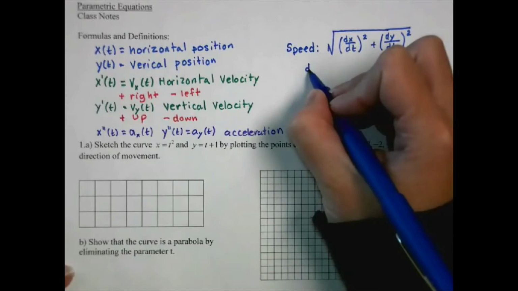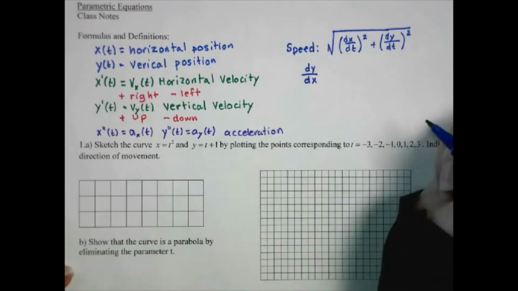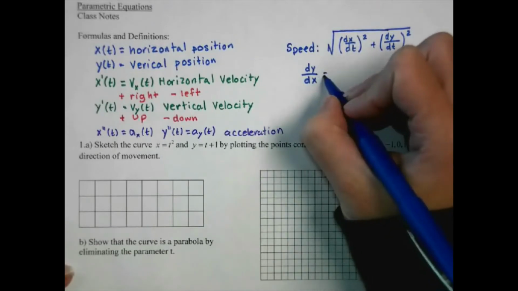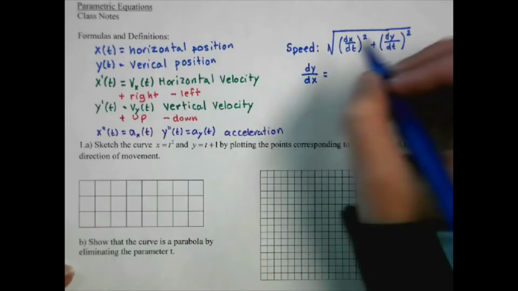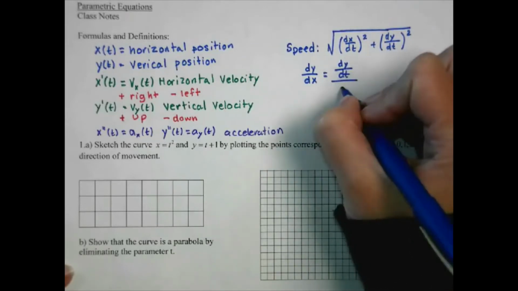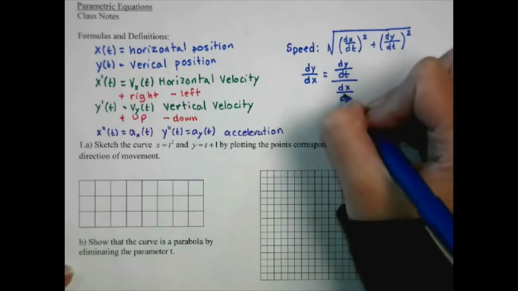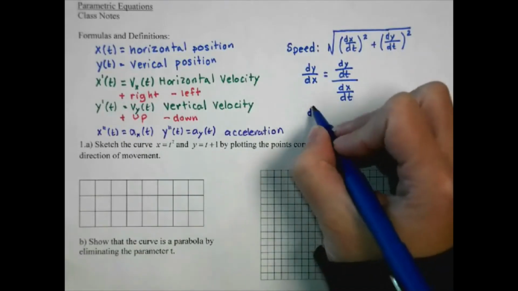In parametric, if we want to find dy/dx, notice there's no t here. If I want to find the slope, or dy/dx, that's going to be dy/dt over dx/dt. Now here's the weirdest one with parametric.